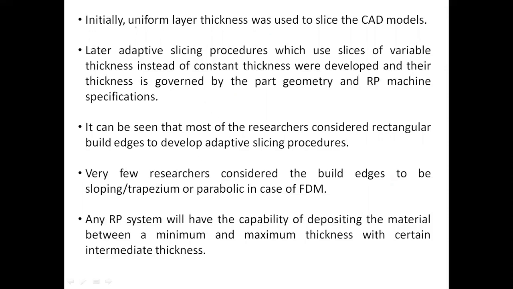We only had the concept of uniform layer thickness. So people used to play with the layer thickness in such a way that if you have any critical feature, like if I have something like this, since I'm going for uniform slicing, I measure this distance, and then based on that, I define my layer thickness.